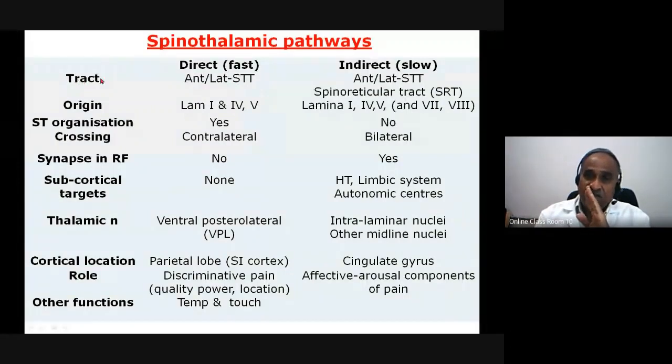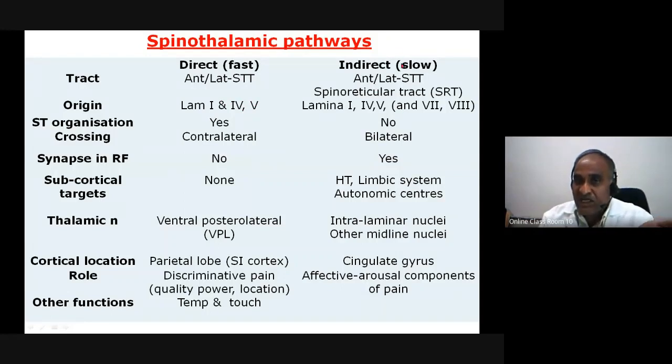Whether it is the anterior spinothalamic tract or the lateral spinothalamic tract, the origin is from laminae 1, 4 and 5, or 1, 2, 3, 4, 5. All of these nuclei are involved.